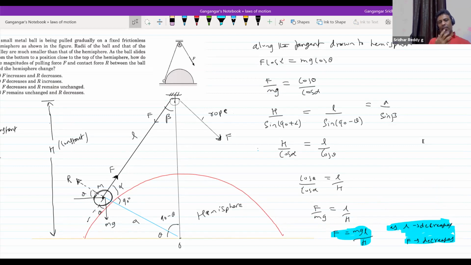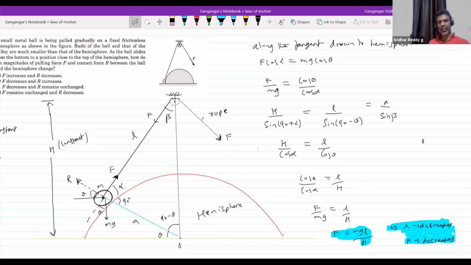Normal to the hemisphere, no? The direction of R should be normal to the hemisphere. So now you bring a normal perpendicular to the rope, then resolve R. Then again similarly, you have to work out the force, resolving R and mg perpendicular to the string. Then equate the forces, no? Then you can get the expression for R.